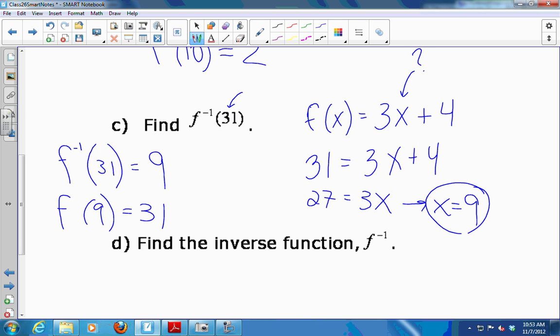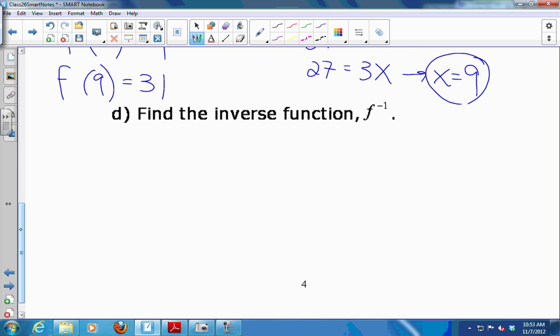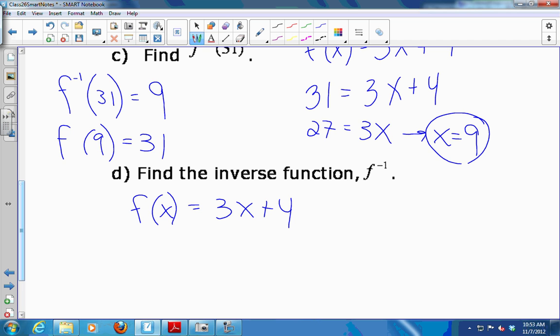So if I want to find the inverse function in general for any x, what do I do? I heard a couple of good ideas. Replace the f of x with a y, and undo the steps of what I did to x to figure out what x I started with. Okay, so we'll have f of x equals 3x plus 4, and I want to be able to figure out f inverse of any number.